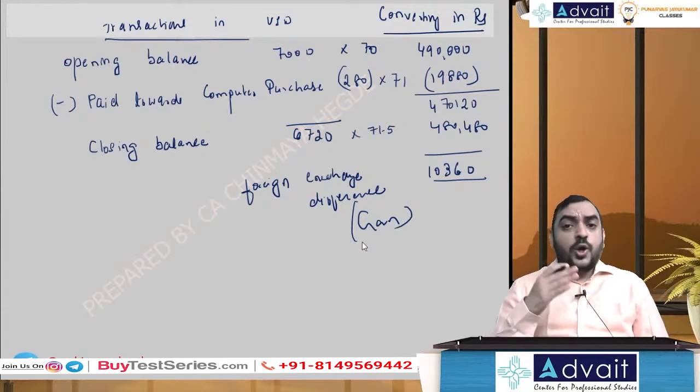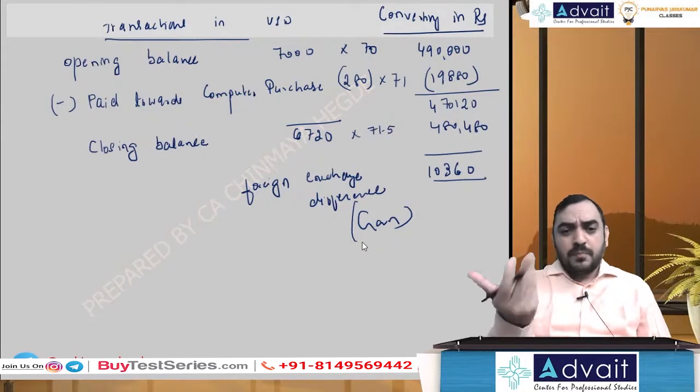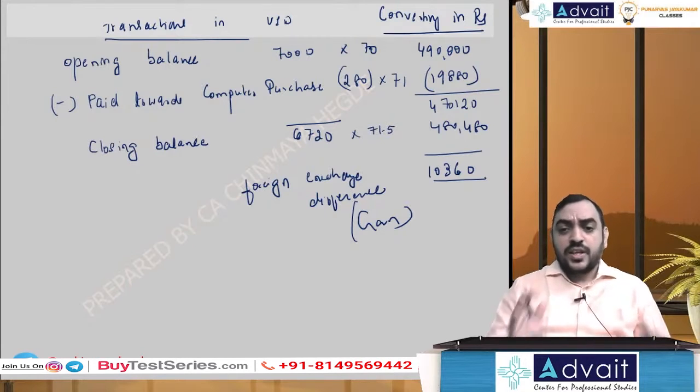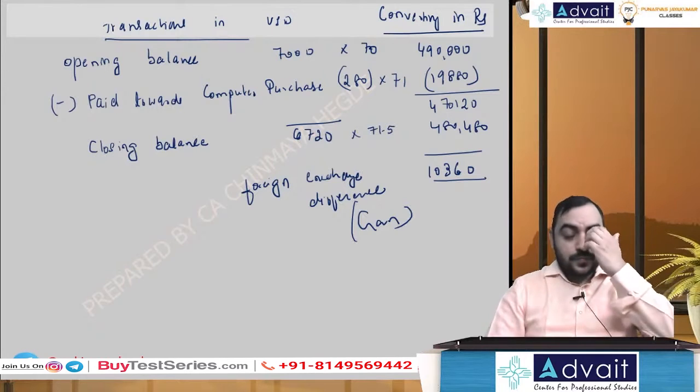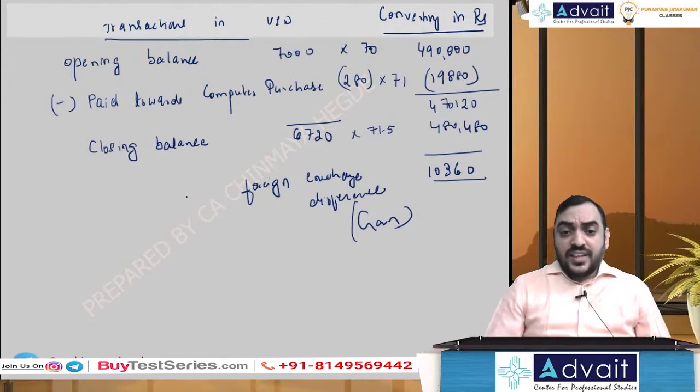Okay. This can also be analyzed in one more manner. Not required, but just for your understanding, I'll explain this. What is the breakup of this 10,360? What does it comprise of? So you see, we had 7,000 US dollar. Out of 7,000 US dollar, 6720 continue to be in closing balance also, right?